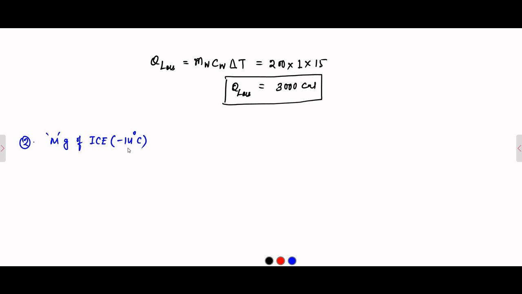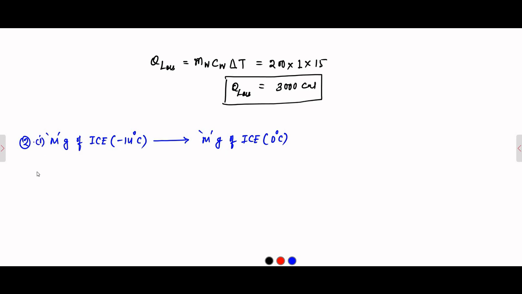So obviously it will undergo transition, so it will gain heat. So the transition will take place as m grams of ice at minus 14 degrees Celsius increases in temperature to m grams of ice at 0 degrees Celsius. This is the first sub-part of the second transition.